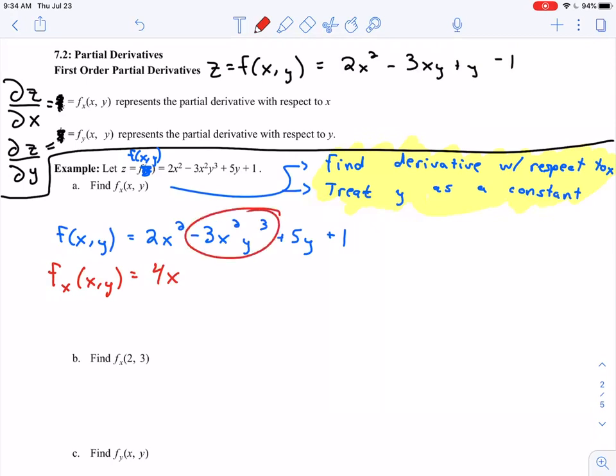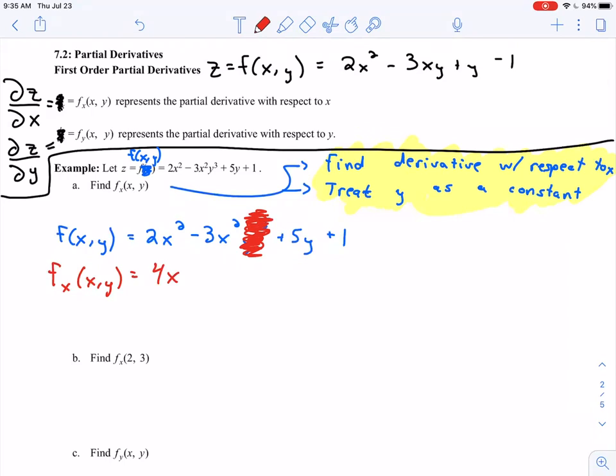Then you might run into some terms that have both x and y. And what I'm going to do here is, for the purposes of this problem, notice we're taking the partial with respect to x. I'm going to cover up y for a second. Just pretend it's not even there. Cover it up on your paper.